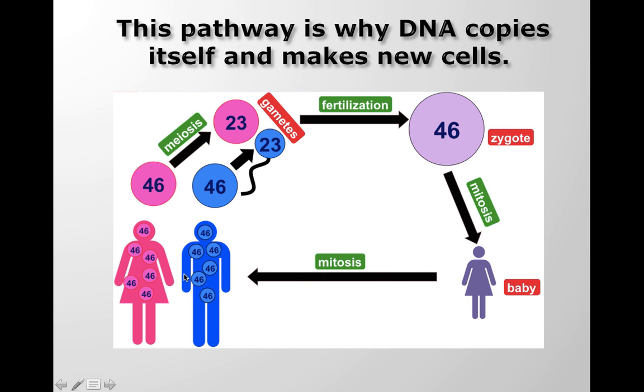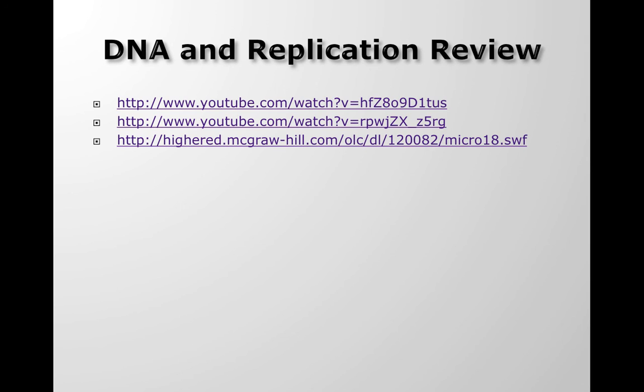And eventually that adult has to produce special cells, our gametes, so that they can come together so the process can continue on and on and on again. And that way we keep human beings on the planet, we keep plants, animals, and all organisms go through this process. And so DNA replication, or DNA copying itself, that happens in the S phase, is very, very important for living things. These 3 videos, if you're still a little bit confused and want to watch some animations, are here for you to take a quick peek at.